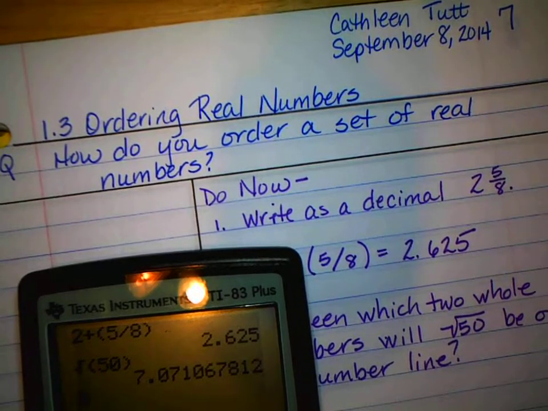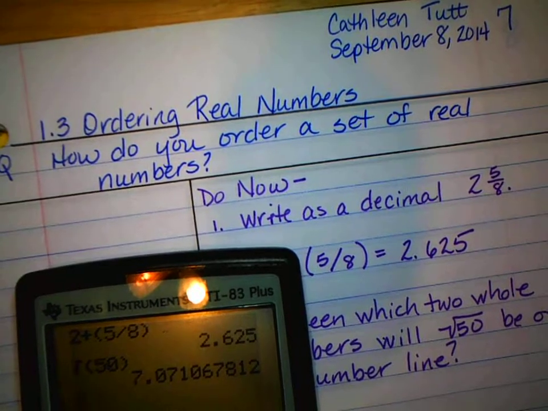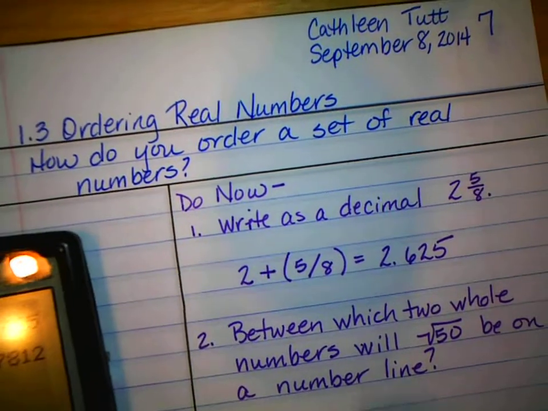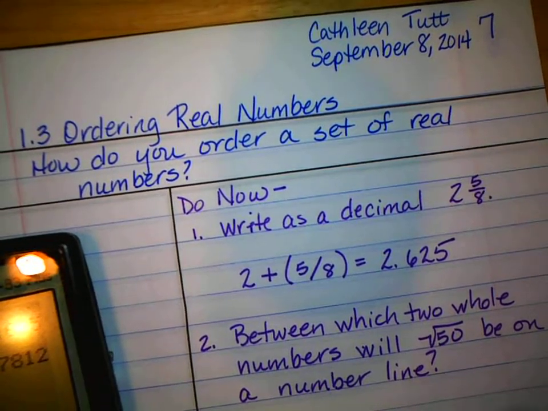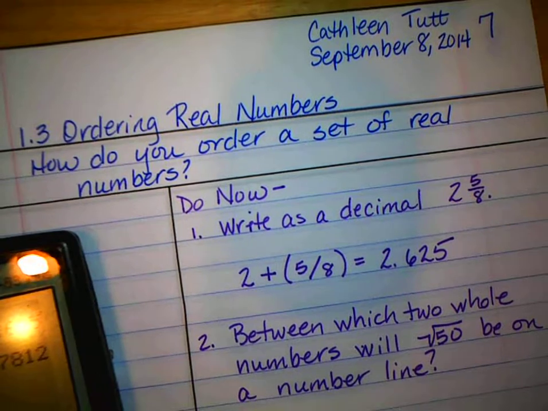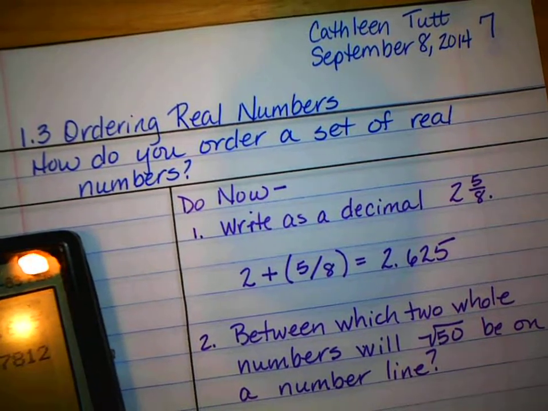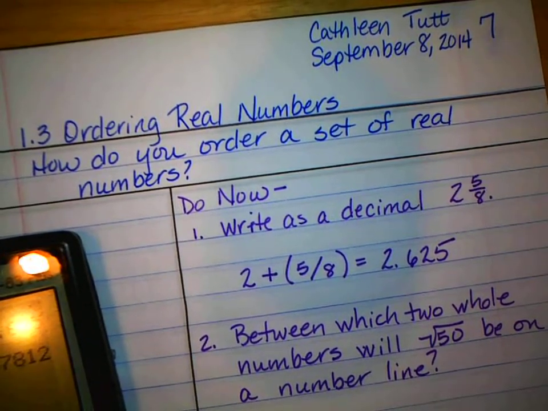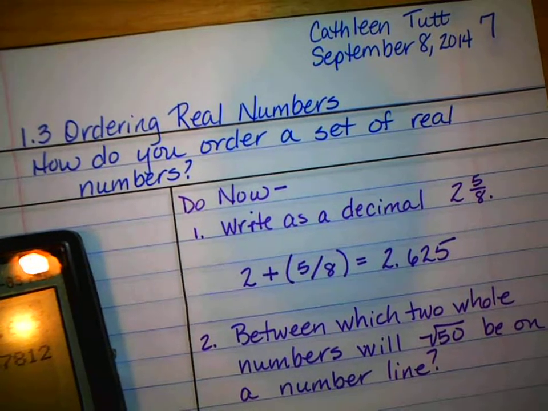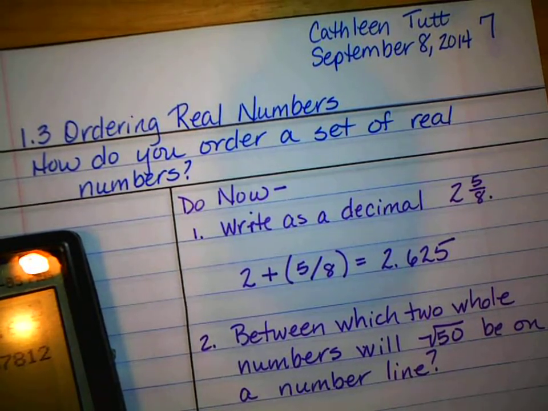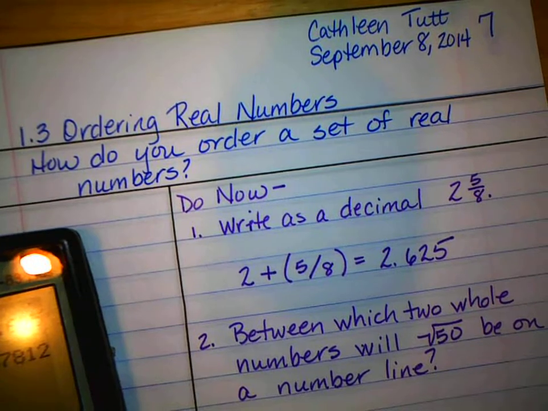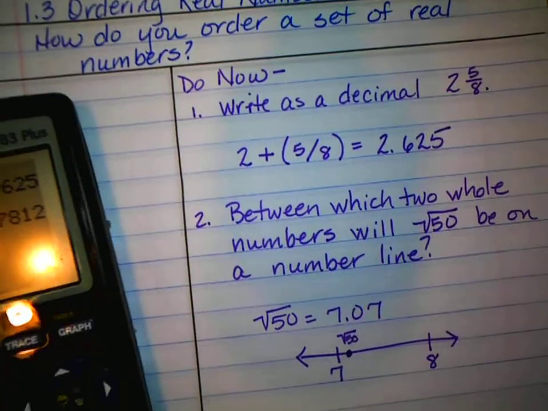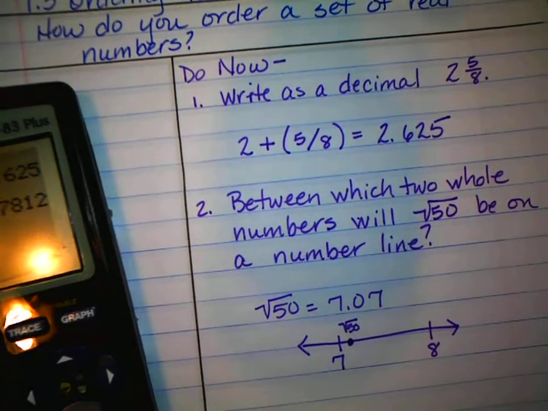And the square root of 50 is 7.07. So on a number line, if we were to plot this, you would have 7 there and 8 there, and the square root of 50 would be right about there. Very close to the 7.